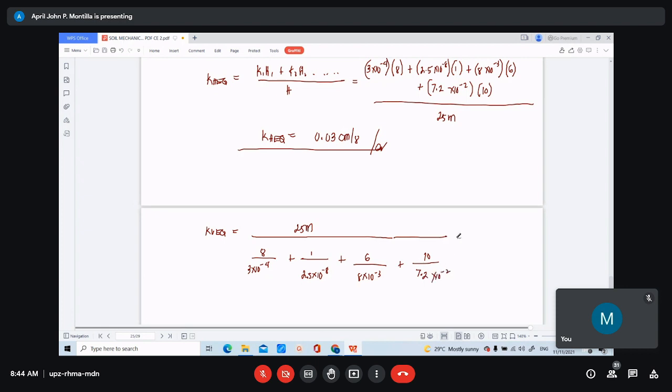So what is KVEQ? 0.25 times 10 raised to negative 7. Okay. How about the others? Kindly confirm. Same.